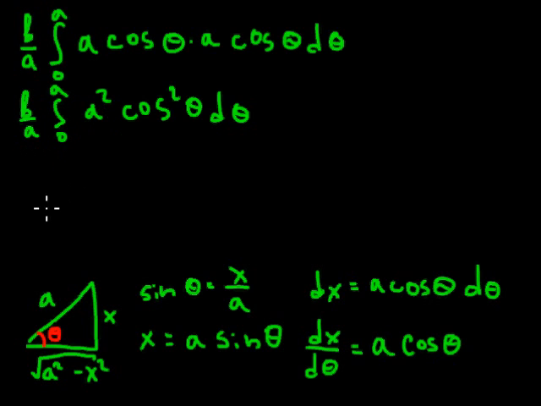We're just going to have b a left, or a b, let's write it as a b. When you take this constant here, it cancels out this constant, becomes a b integral 0 to a cos squared theta d theta.